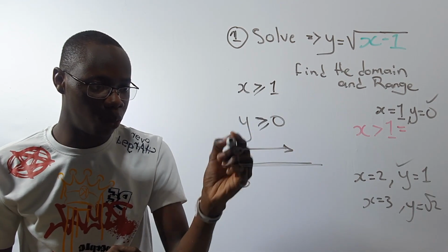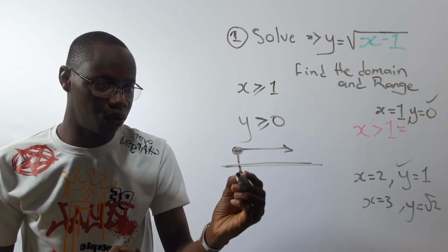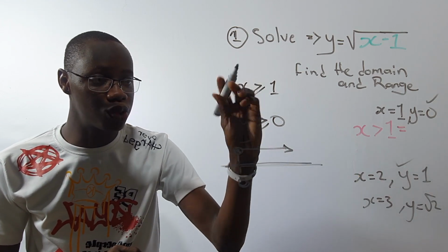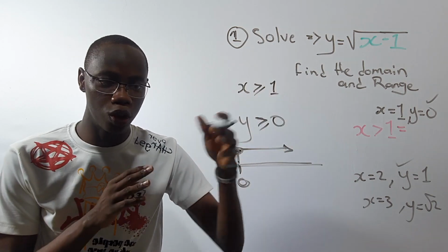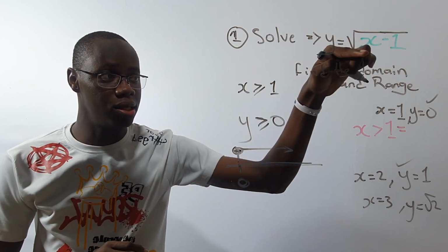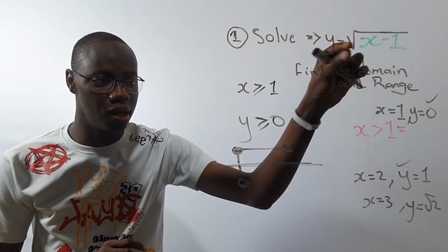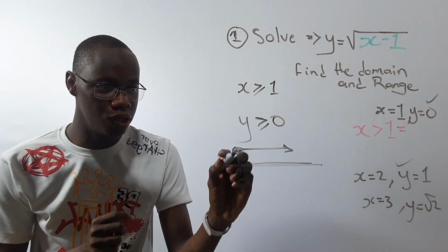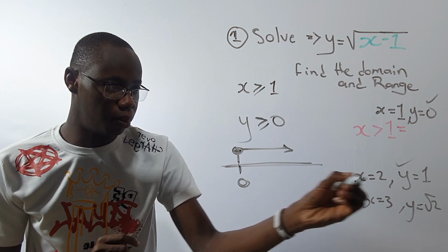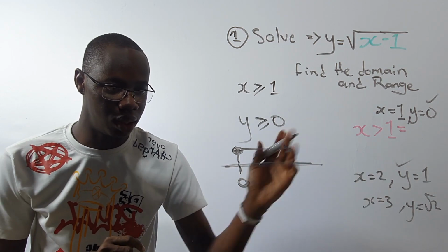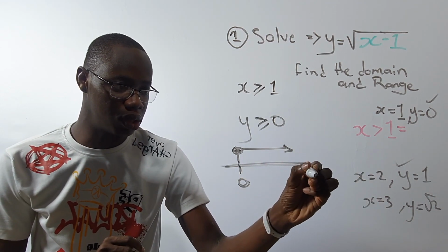Our y is greater than or equal to 0. Every time we put this x greater than or equal to 1, so like 1, 2, 3, 4, inside here, we map out a range, like all these from 0, 1, like that, like that, like that, so to positive infinity.